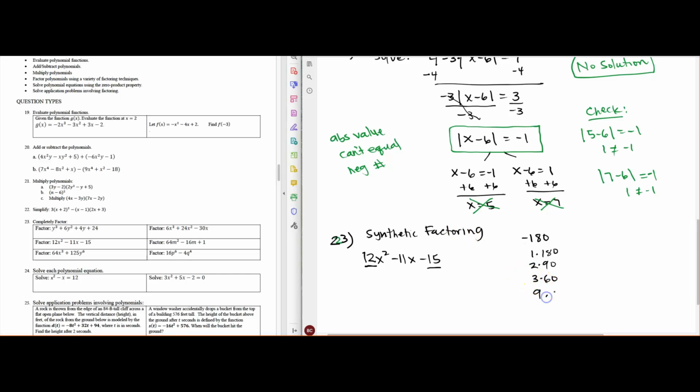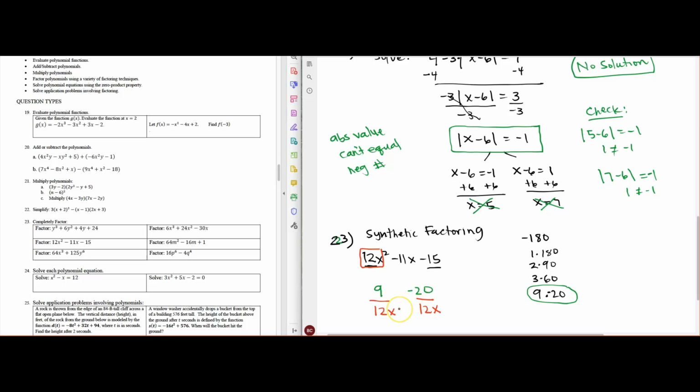All right, so you can just keep working these out. And then our 20 is going to have to be the negative one to get the negative 11 in the middle. So you take the winning combination you found, that 9 and negative 20, and you're going to divide each of those by the leading coefficient. So we're going to divide these by 12x.